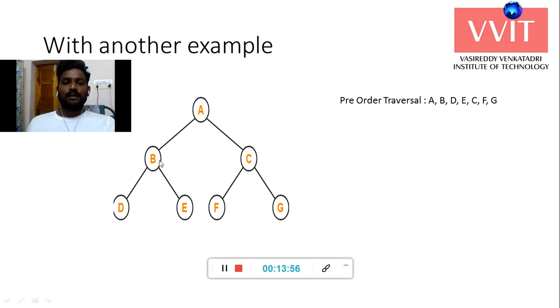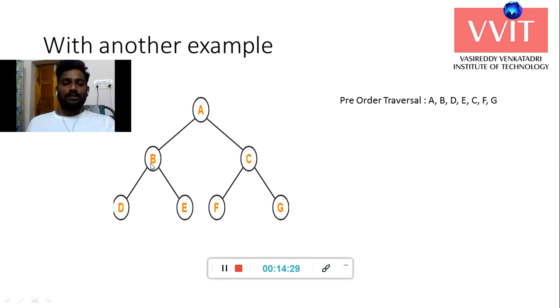In that subtree, the root node is B. In in-order fashion, first visit the left subtree. In that case we again traverse to the left part. In that left subtree, D is the leaf node. So first we visit D, then visit the root node B, then visit the right subtree of the root node, which is E. That means we completely finish the left subtree part, then move to the root node.